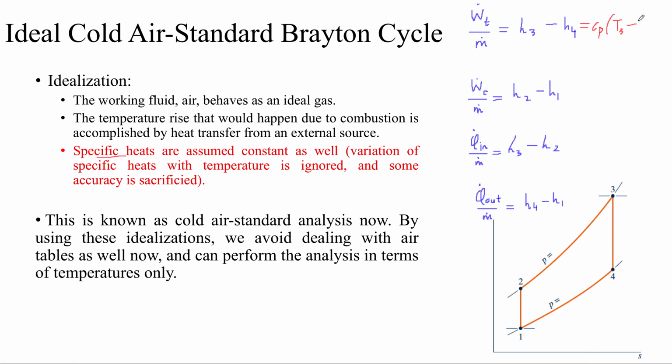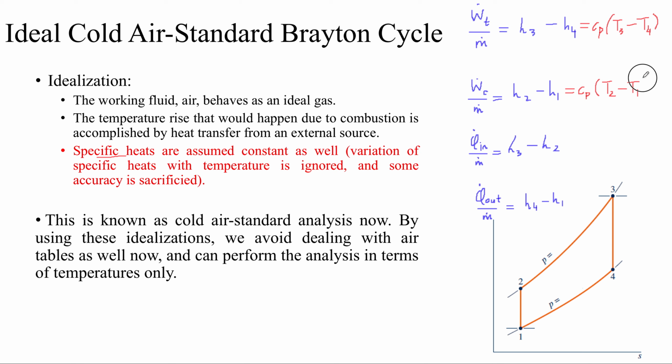So I don't even need to look at the data tables anymore if I have all the temperatures given to me. And just like that, I'm going to have the work done across the compressor, which was equal to H2 minus H1, equal to Cp into T2 minus T1.